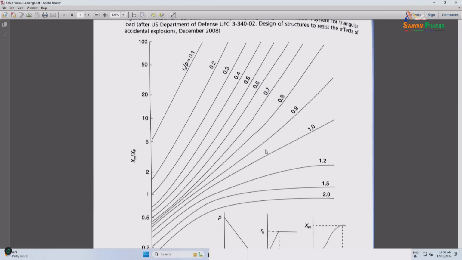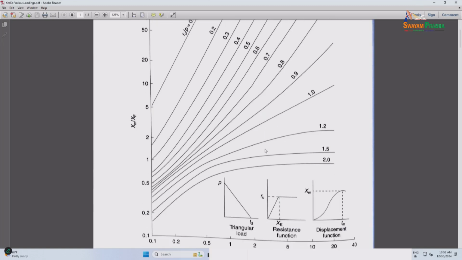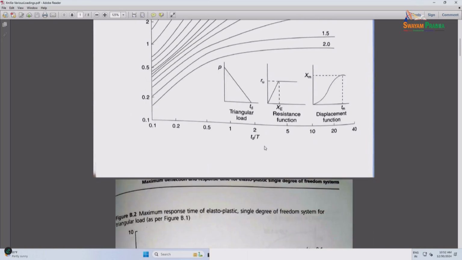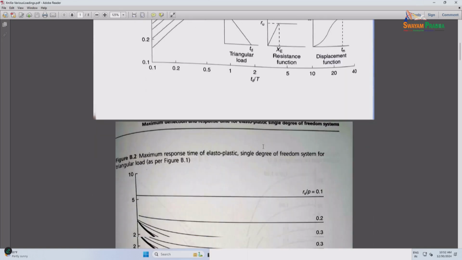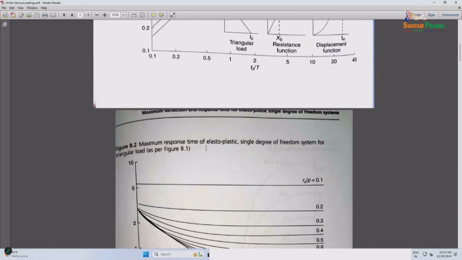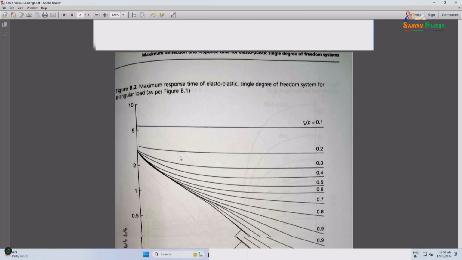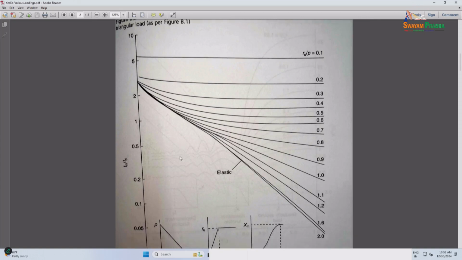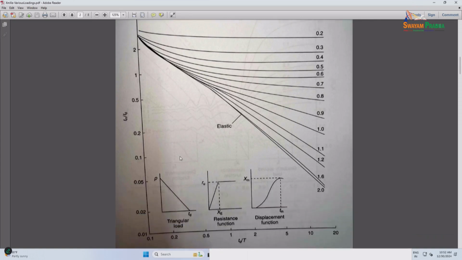But what this also has is maximum response time for a triangular load. We haven't looked at the response time so much. This is Tm by Td, the time to where you get the maximum response.